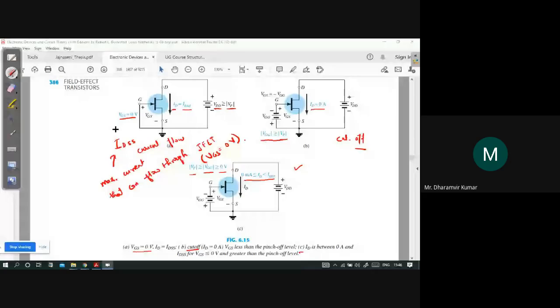Between these two states, we can always operate our device, and we can use this in building electronic circuits.